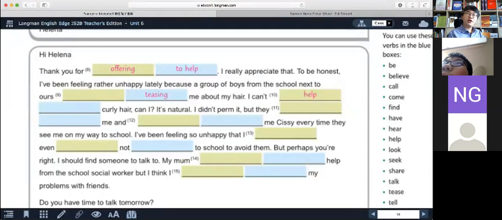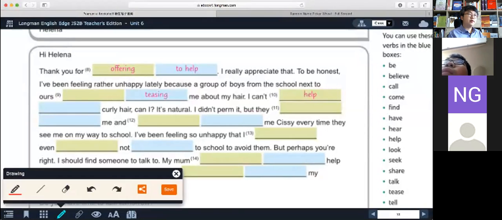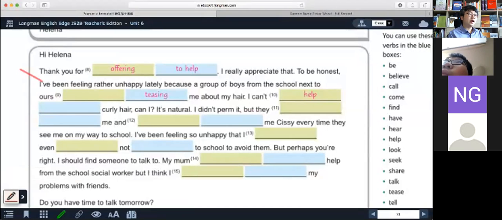And I really appreciate that. To be honest, I've been feeling rather unhappy lately because a group of boys from the school next to ours. So this is quite difficult. But if you look at the word here, I have been. You still remember why do we use have been?